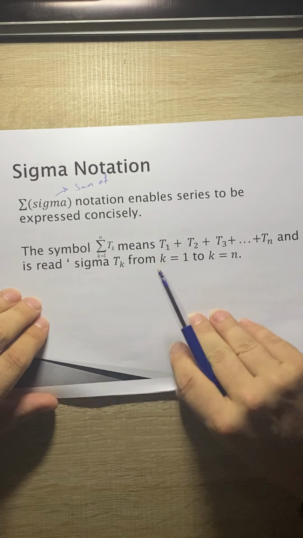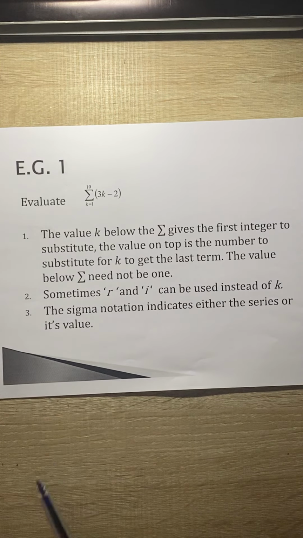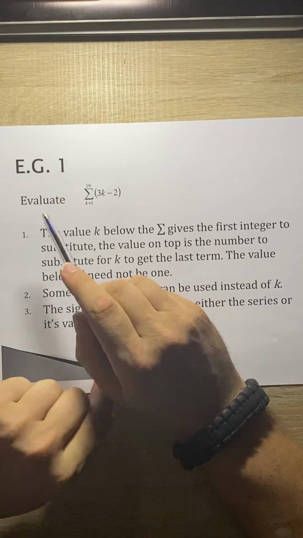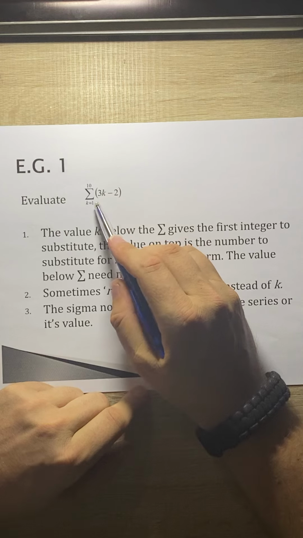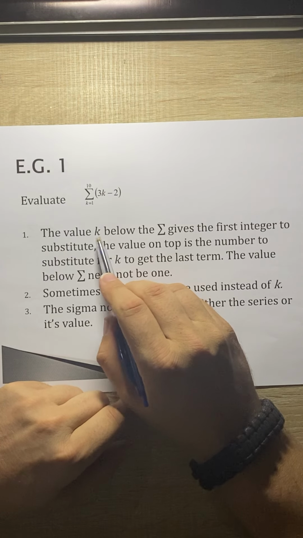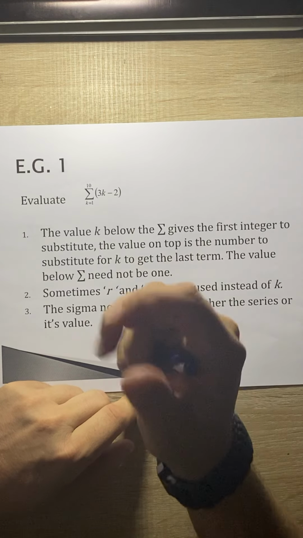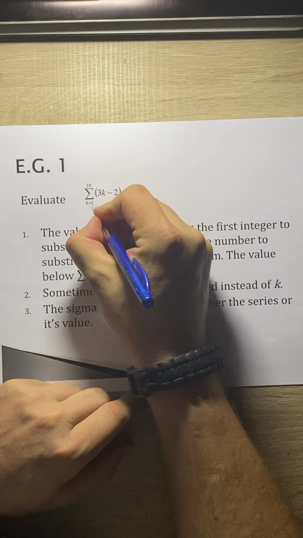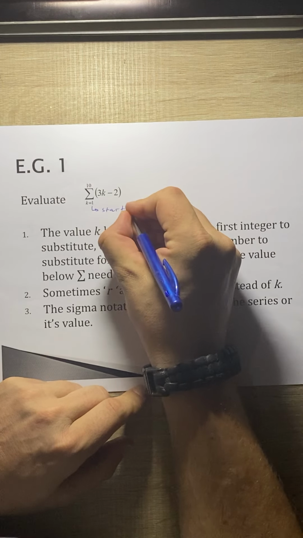All right, having a look at example 1, evaluate sigma of 3k minus 2 from k equals 1 up to 10. The value k below the sigma gives the first integer to substitute. In other words, this is your starting value.